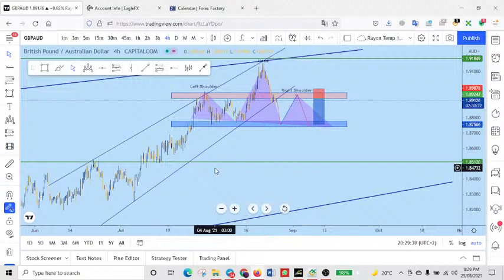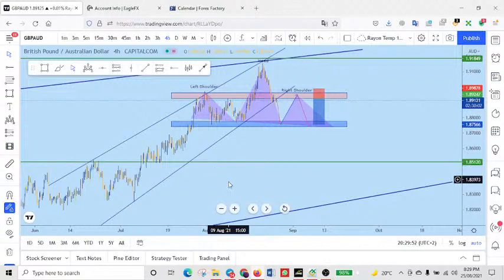If you are able to get your entry right, not too early and not too late, you're going to have the upper hand in the market. So when it comes to entry, we also teach that to our students.